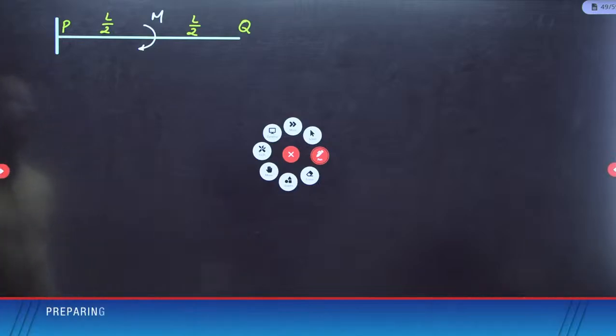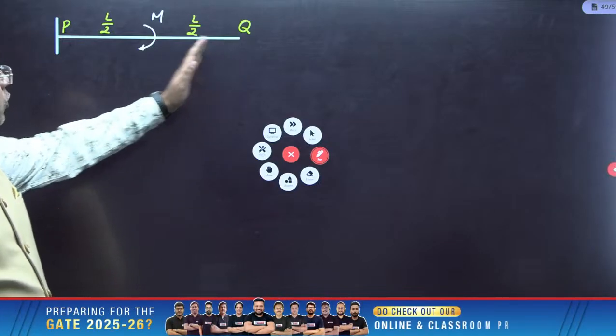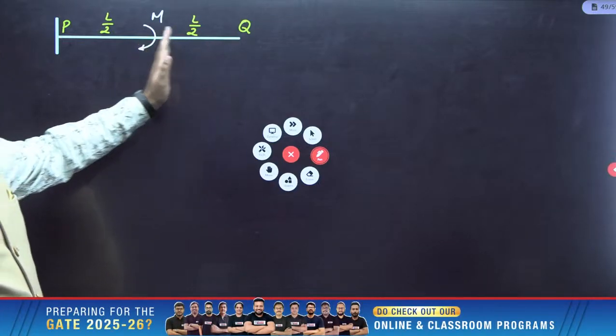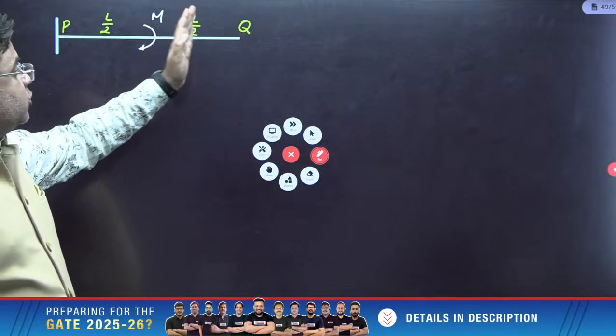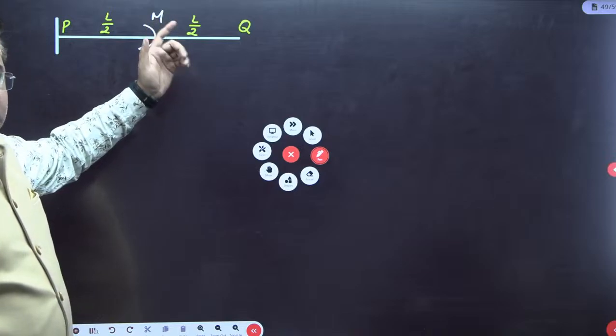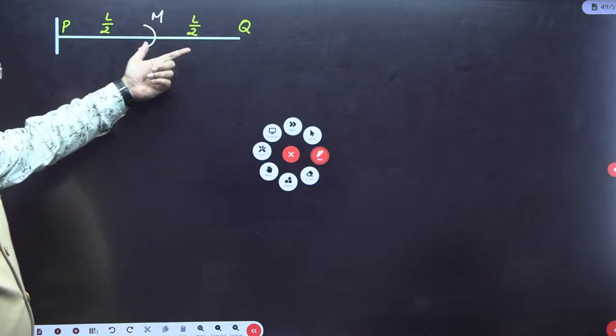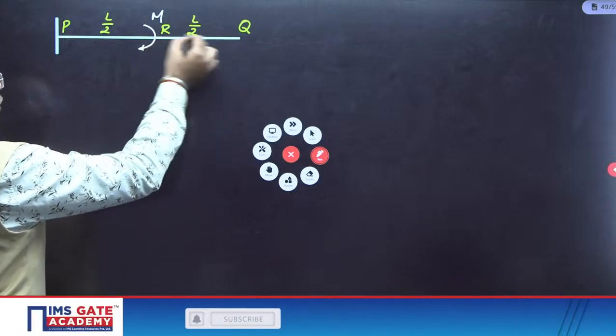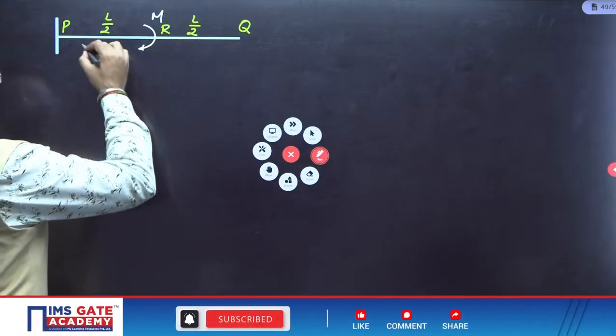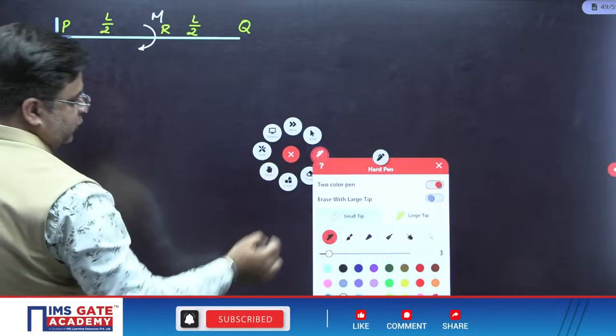Now what can you see from point Q to this point, right? There is no load acting, and since there is no load acting, there will be no bending moment. So there is no bending for this portion of Q to R, right? From Q to R there will be no bending. Only the bending will be restricted to this point R.